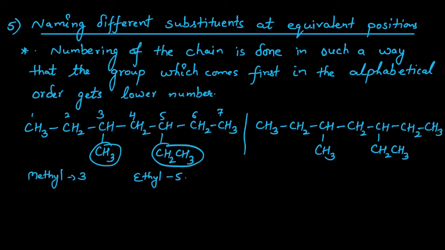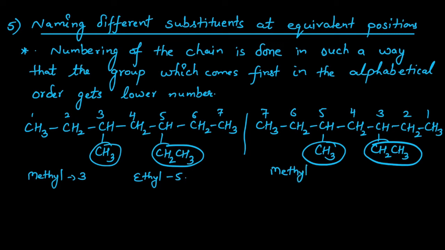Now suppose I want to number it like this, which is different from the first case. So we have an ethyl group at the third carbon and a methyl group at the fifth carbon. If we carefully read the rule again, alphabetically E comes before M.